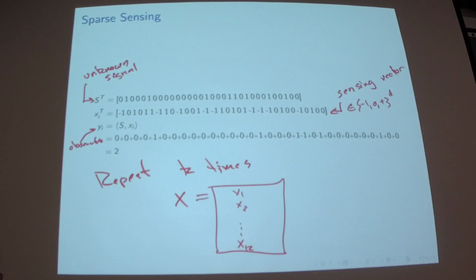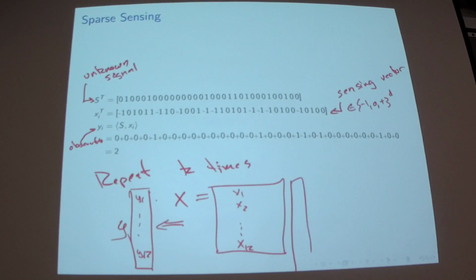This is x, right? And then this outputs y, which is y1 up to yk. This is going to be a vector here. Basically what I'm doing is multiplying this by some signal, which is s.